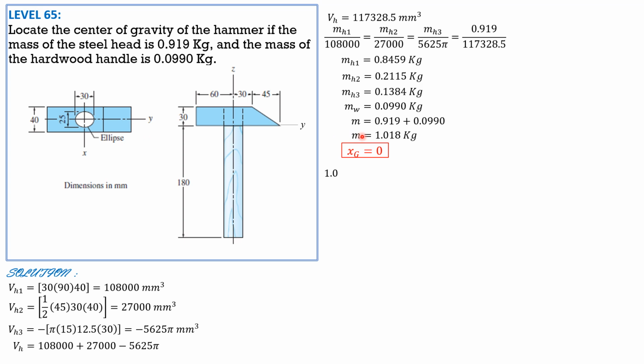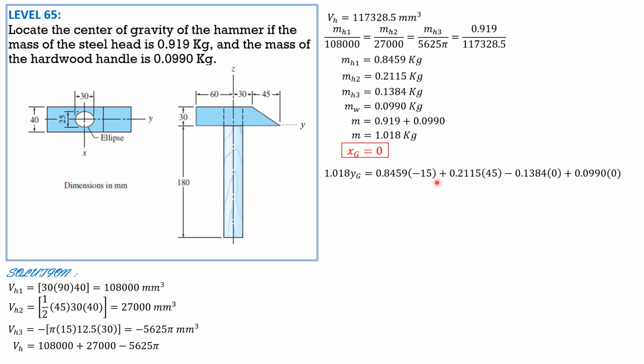Then mass 1.018 times yg equals 0.8459 times negative 15, because this is 90. Half of 90 is 45. So this is the z-axis, this is the y-axis. So the centroid is 15 mm to the left of the y-axis or the z-axis.